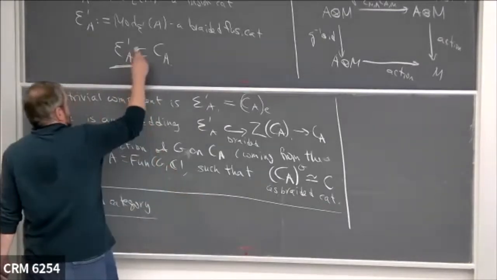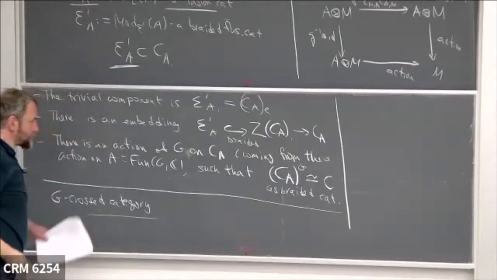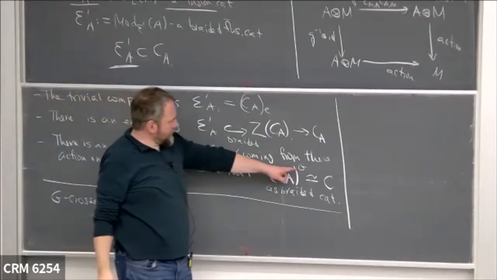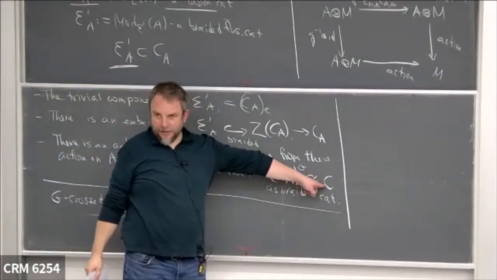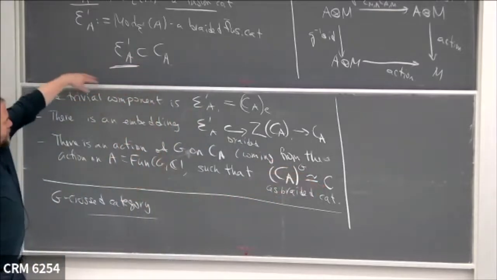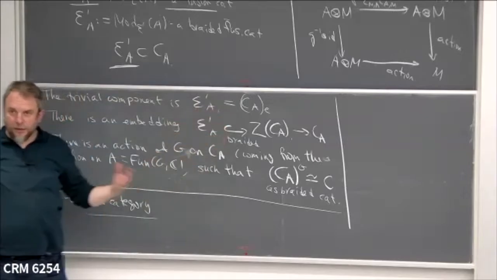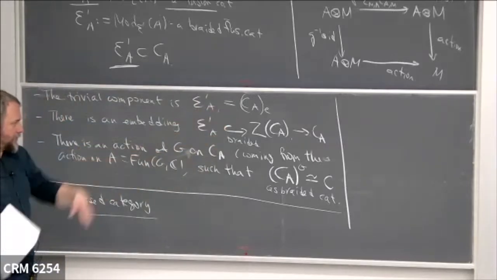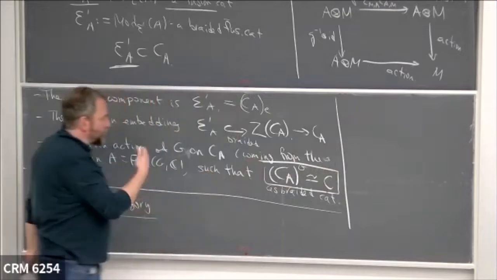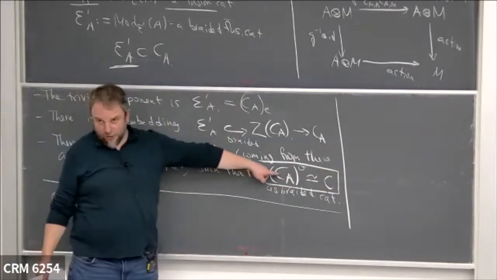This category C_A is just a fusion category. But when we take equivariantization, we get a braided category. This is due to the fact that all these gadgets that I mentioned, the grading, the action, the central embedding, combine together to show that this equivariantization has a braiding, although the original category does not.